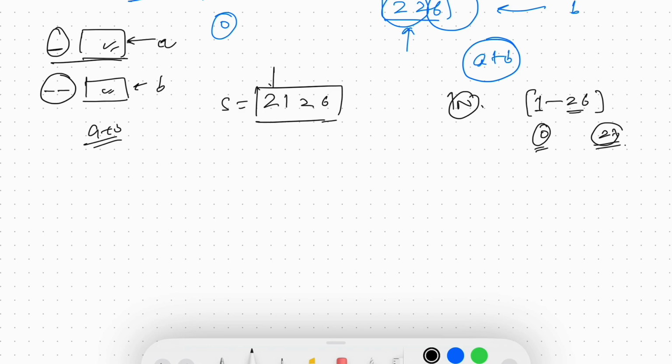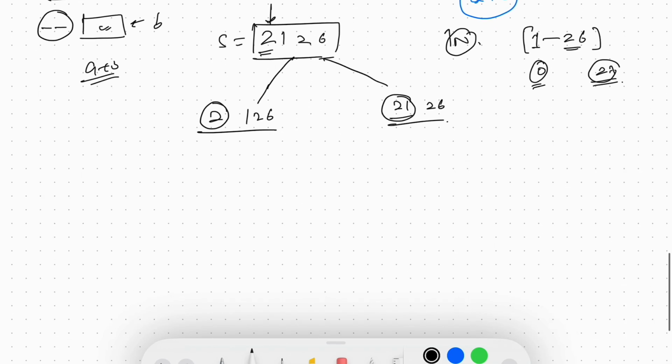So let's see whether we can decode the first character. Yes, we can decode that. That is a valid decoding candidate. 2 1 2 6 will be the remaining string. If I decode the first two characters, 21, yeah, 21 we can decode easily. 26 will be the remaining one. So if I decode 2, it will be a B. So now we will see whether we can decode this one element.